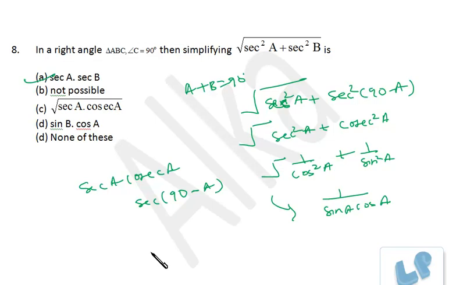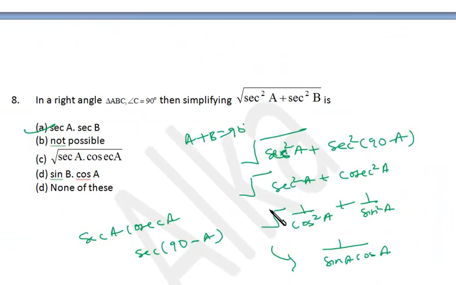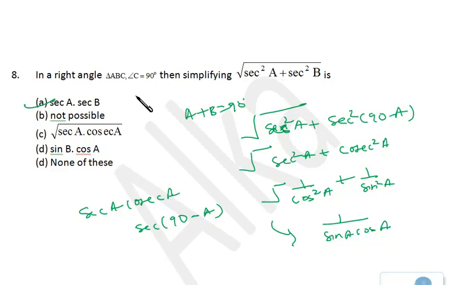Now friends, you must be wondering that while taking out of the square root, cos square A and sin square A, I have taken sin A and cos A. Why have I not taken any of them as negative as I have done in the previous question? See, here in this case, it is given that it is a right angle triangle, right? So right angle triangle means A and B, both of them are less than 90 degrees.